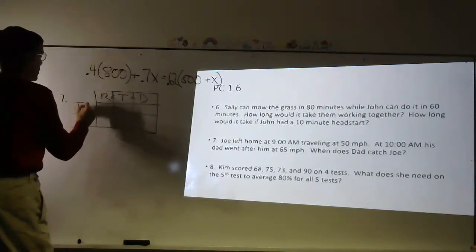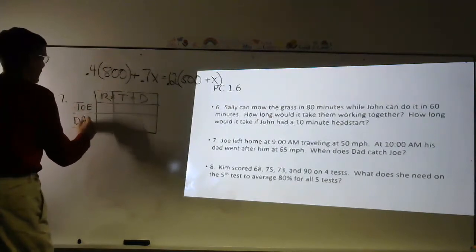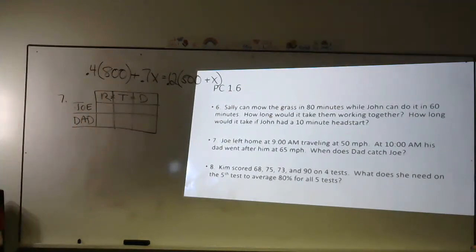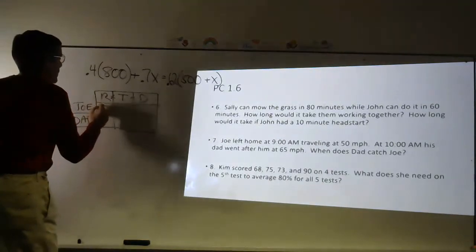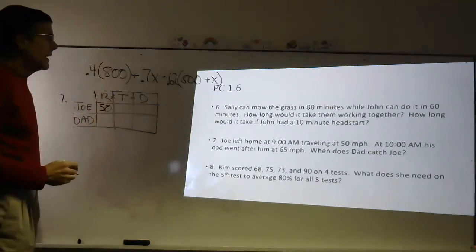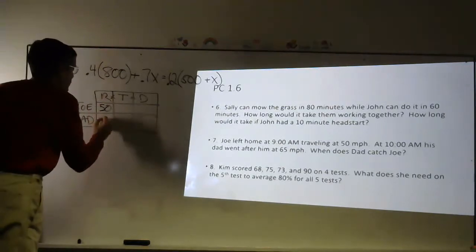I have Joe and Dad. Okay? Everybody be able to see that? So rate times time equals distance. I have Joe and his dad. How about their speeds? Joe runs away from home at 50 miles an hour. Dad tries to catch up to him. He's going 65.